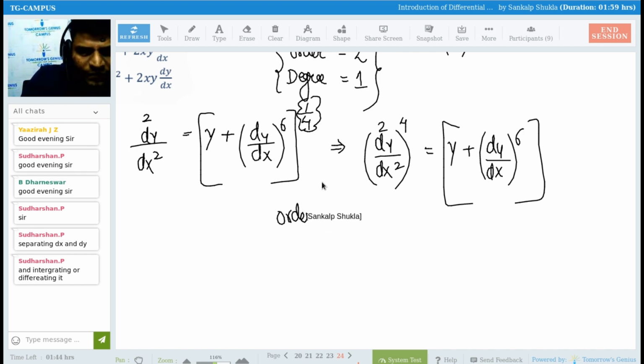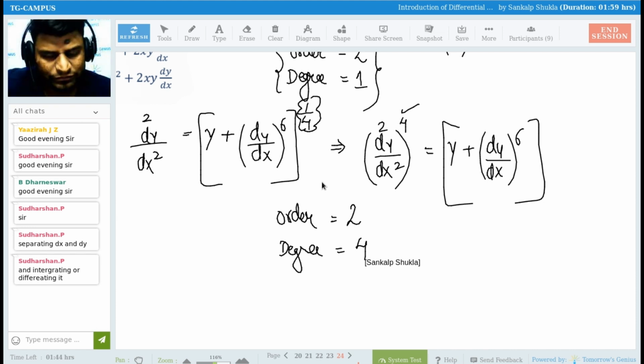So order will be 2 and degree will be 4. Order is 2 because d2y by dx2 is there, and degree is 4 because you have to look for the highest power of d2y by dx2. So it has appeared only one time and the power is 4.